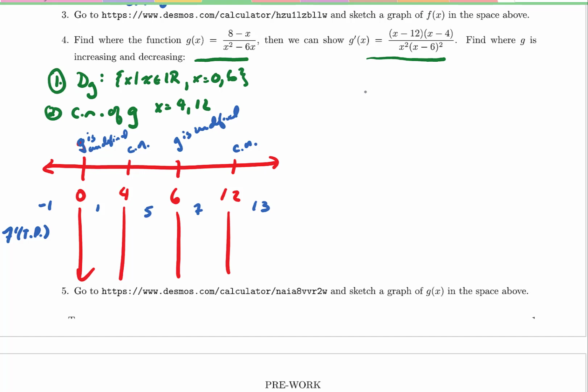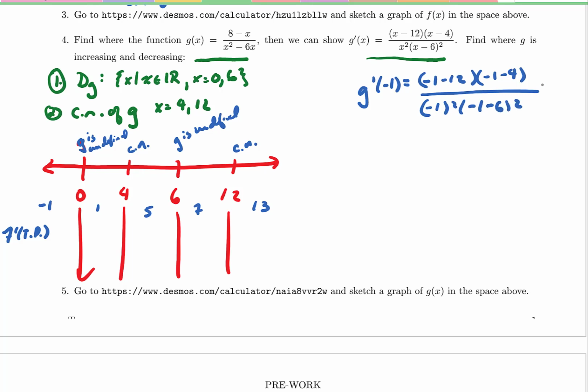Okay. So I'll do this one all the way through, but normally I won't do this. So this would be -1 minus 12 times -1 minus 4, all over -1 squared minus 1 minus 6 quantity squared.